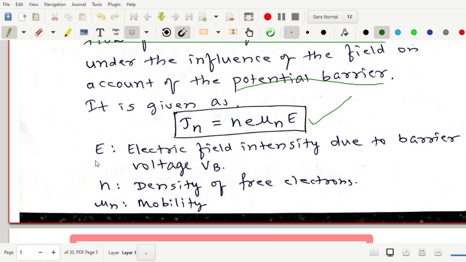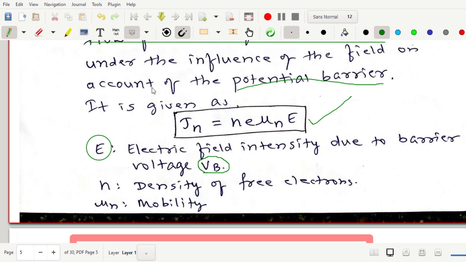Now E is the electric field intensity due to barrier voltage Vb. Now the barrier voltage let us denote it by Vb. So Vb denotes the barrier voltage.